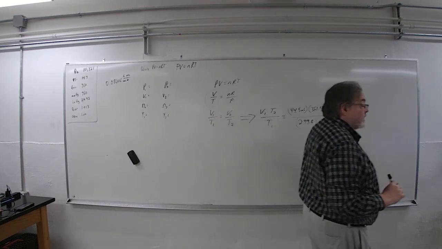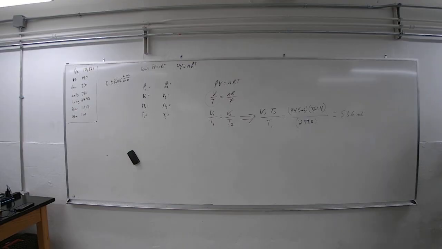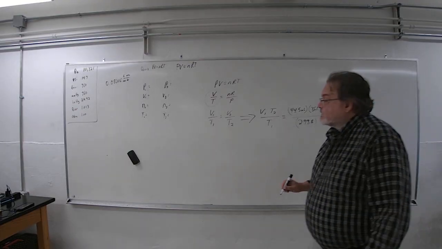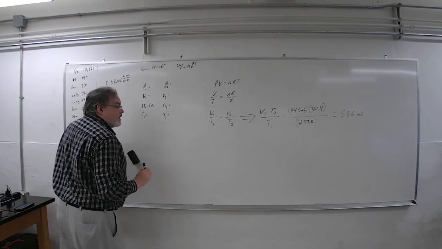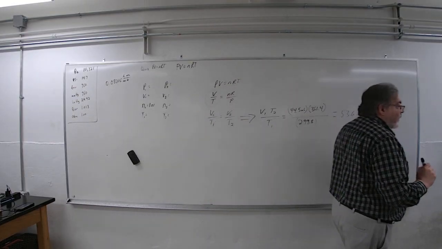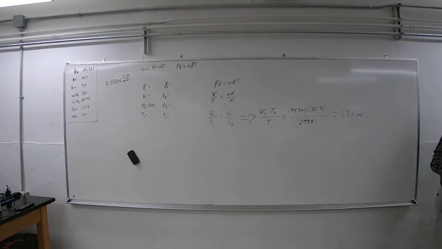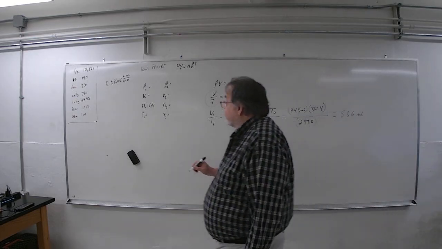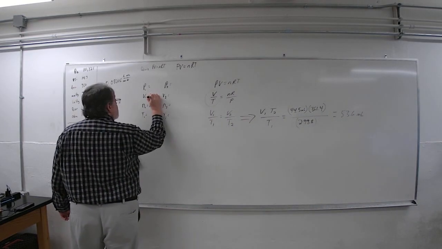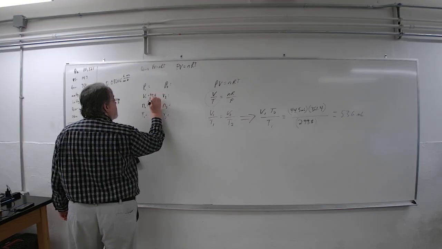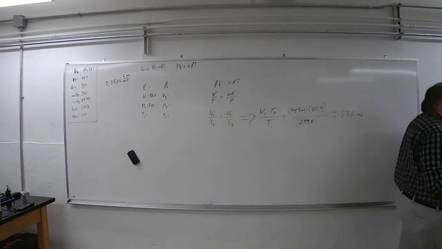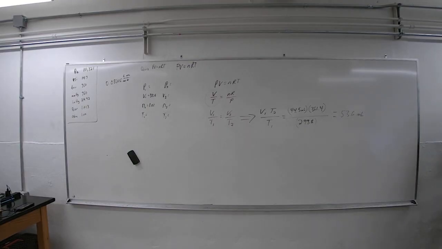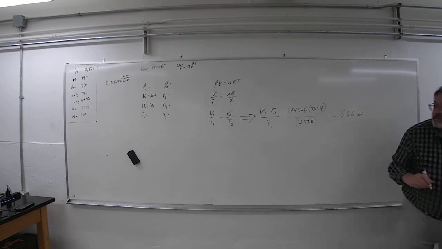What do we got? 1.01 moles of gas, 33.6 liters. Then 1.22 moles of gas are added.